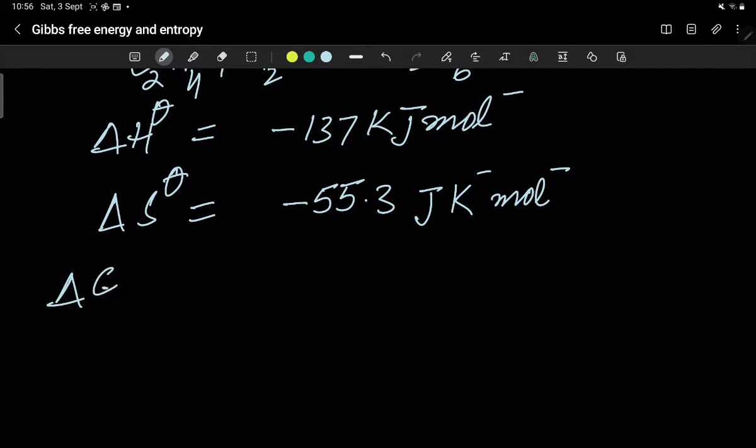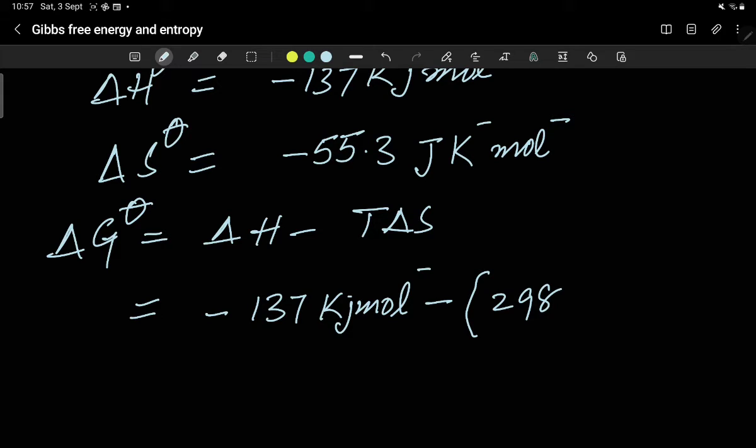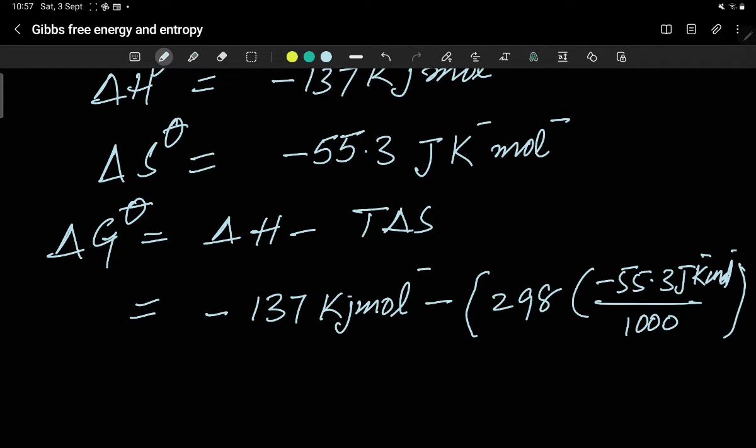So by using the relationship, Gibbs free energy is equal to delta H minus T delta S. This is equal to minus 137 kilojoule mole inverse minus 298 times minus 55.3 joules Kelvin inverse mole inverse divided by 1000, because delta H is in kilojoules, so for equalizing the units, delta S is divided by 1000.